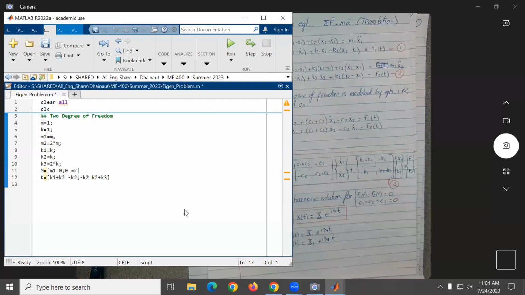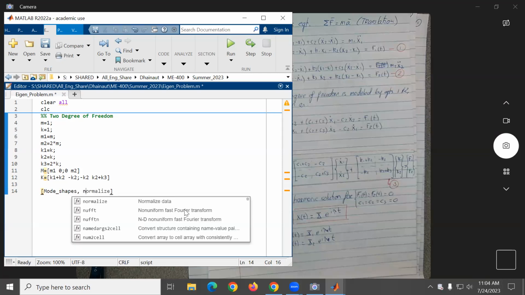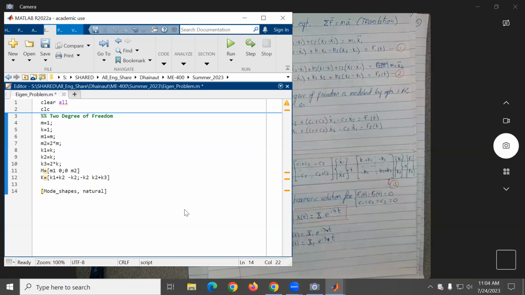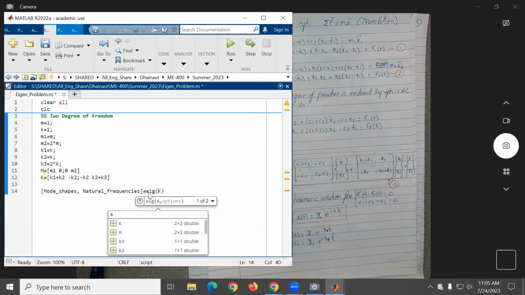Now it's going to be very simple. You can type anything you want, really, but let's type here mode shapes, or eigenvectors, comma, natural frequencies, with a capital N, should be equal to the eig of K comma M. You can do this different ways.